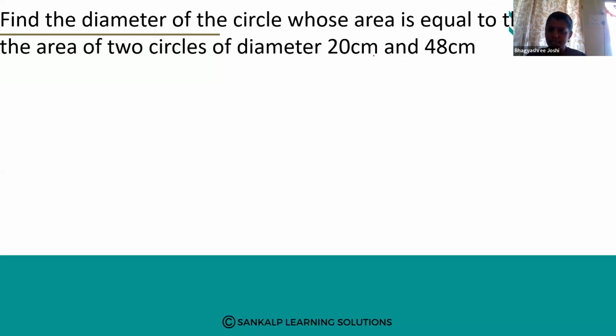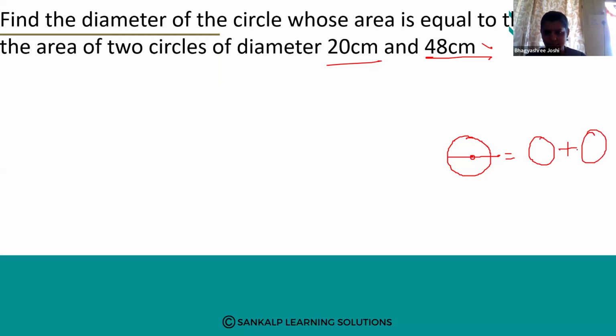But what we need to find out is the diameter of the circle whose area is equal to the sum of two circles.